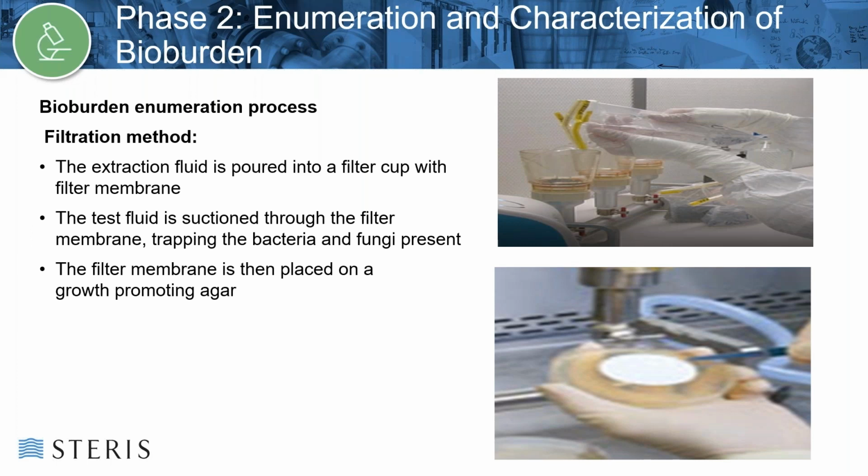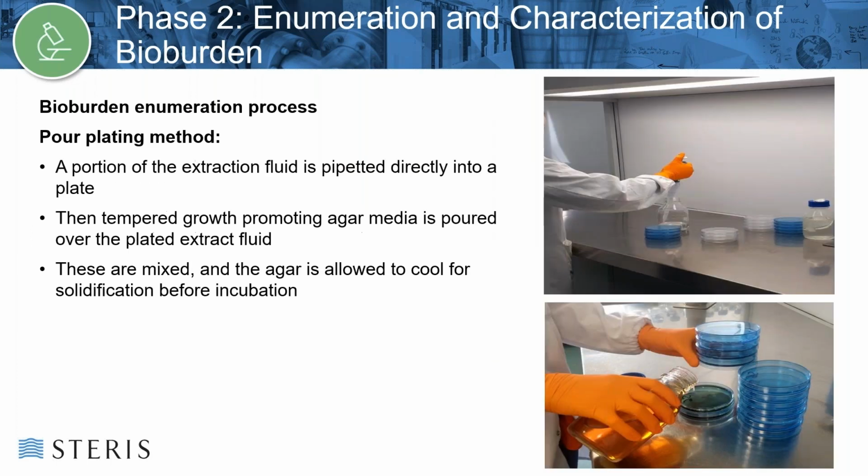The filter membrane is then placed on a growth-promoting agar for incubation. Note that pour plating is used where filtration method is not an option due to the product debris, product particulate, gels, or other items that may clog or degrade the filter membrane.